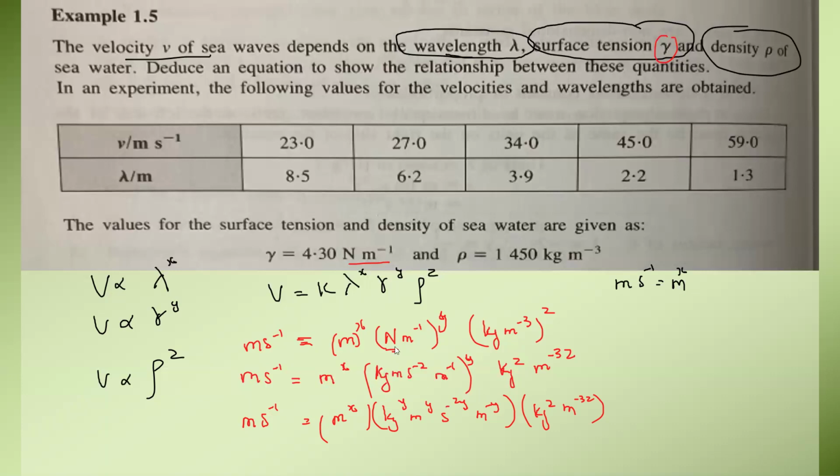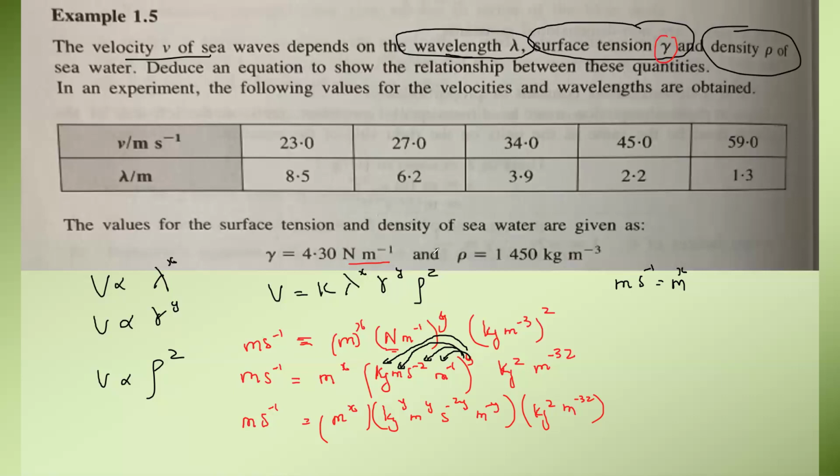Because the unit of force is Newton, and Newton itself is kilogram meter per second square. And this is m raised to power negative 1. So this y I multiplied with kg, this y I multiplied with m, and this y I multiplied with negative 2, and this y I multiplied with minus 1 as well.